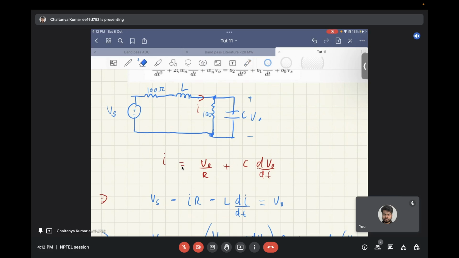Now, if you apply KVL in this loop, you get Vs minus IR. Since both the resistances are equal, I have denoted both of them as R. Vs minus IR minus, now since through an inductor I current is flowing, and we know that VL is equal to L dI by dt, that is what I have substituted over here.